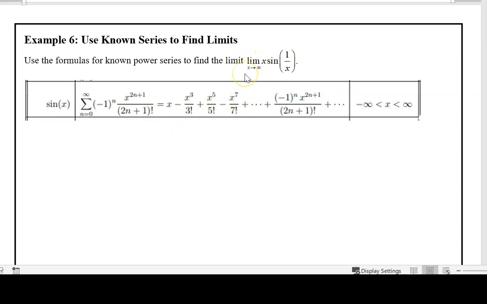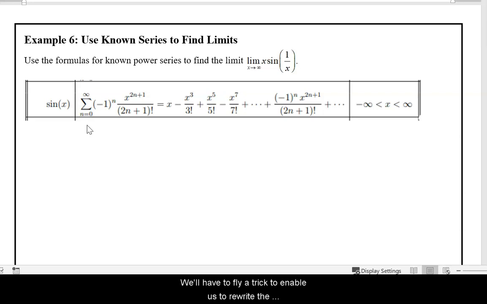Infinity is a problem for two reasons. One, it does not match the center for the known representation for the power series of sine, so I can't use it. Two, infinity is not a number, so you can never use infinity to represent the center of a power series, at least not at the Calculus 2 level.